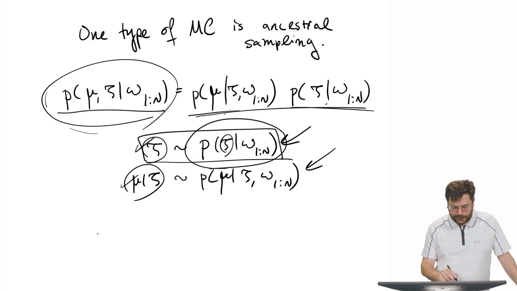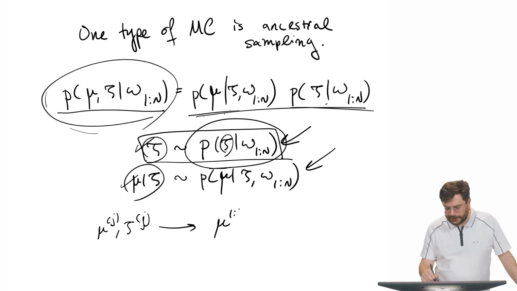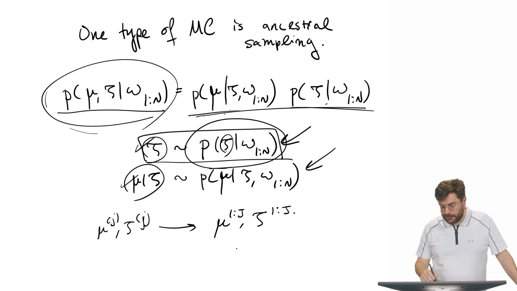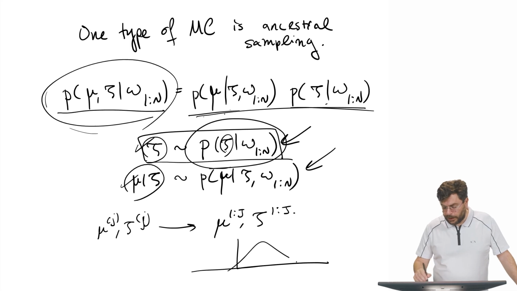So the idea here is to draw a sample at every iteration, some mu j, tau j, and then eventually to collect all of these samples. And then if I like, I can perhaps plot them, right? So I can histogram them, for example, the mu samples, or I can histogram the tau samples if I like, and so on and so forth.